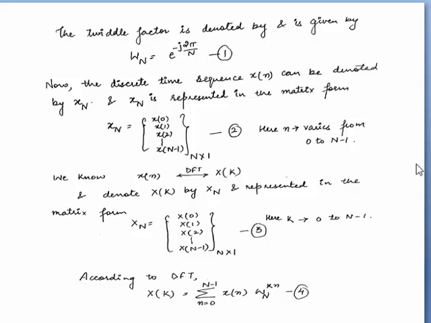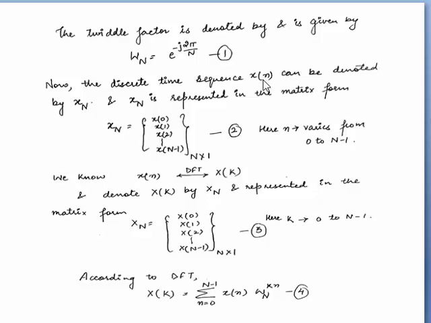Now the discrete time sequence x of n can be denoted by x base N in matrix form. The input sequence x of n is represented in the matrix form like this. Here we have N rows and 1 column, because the range of small n is 0 to N minus 1.